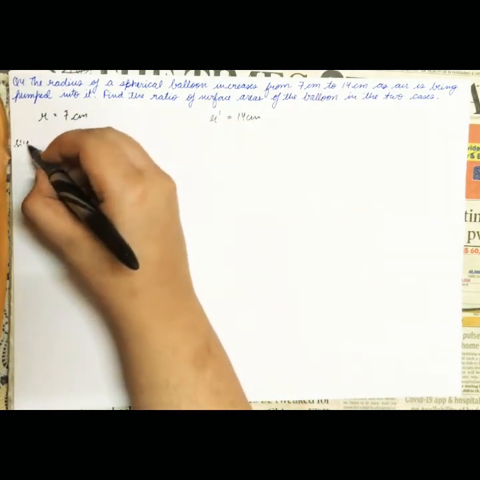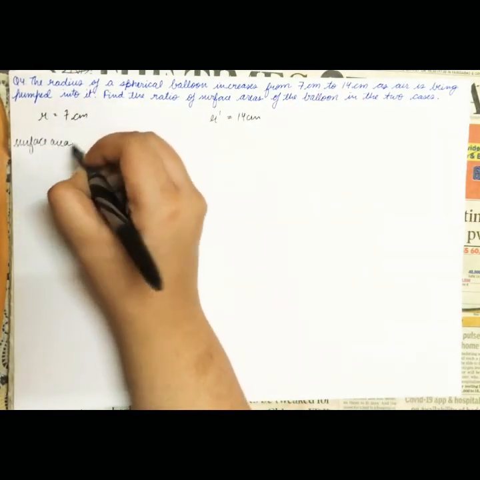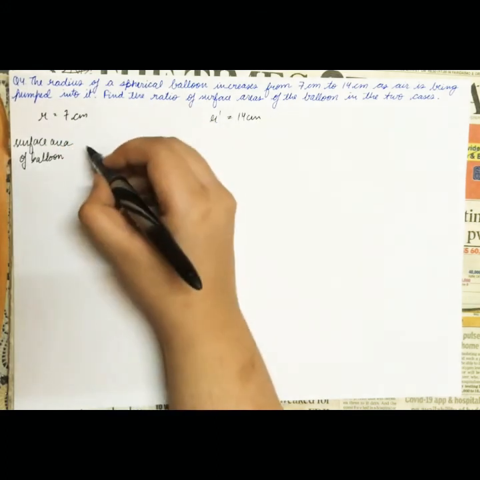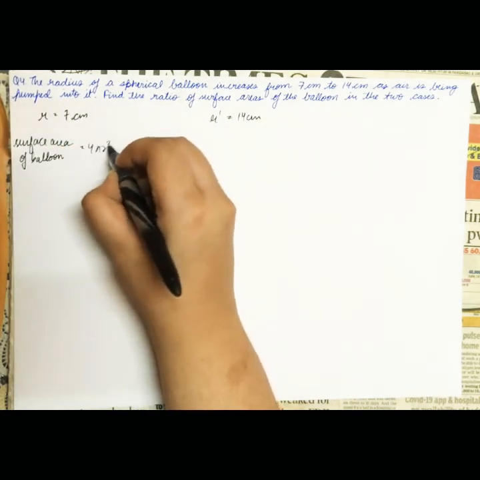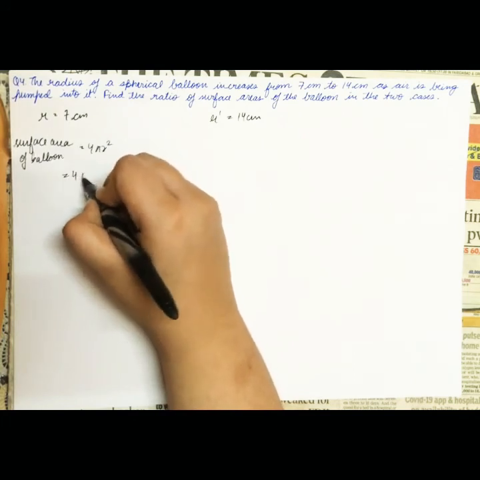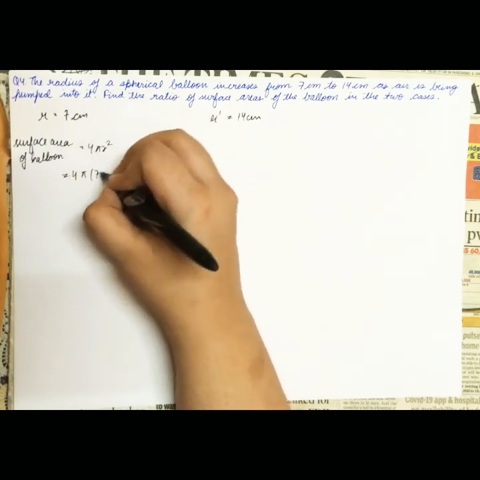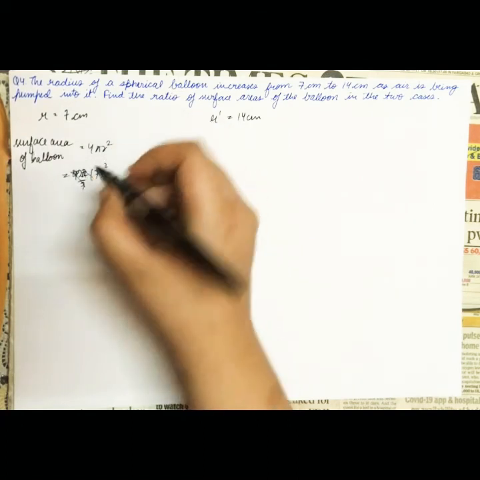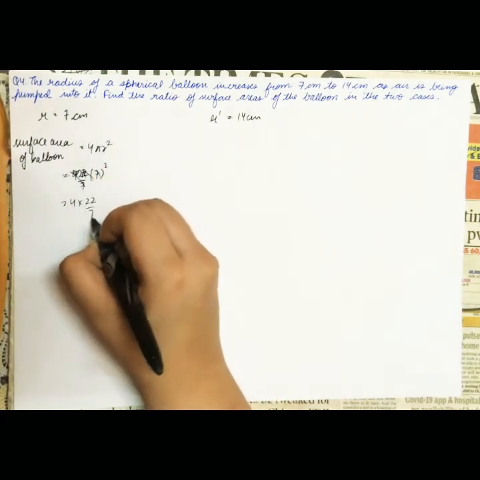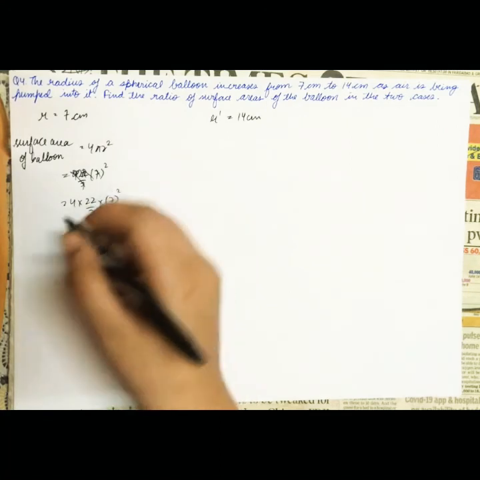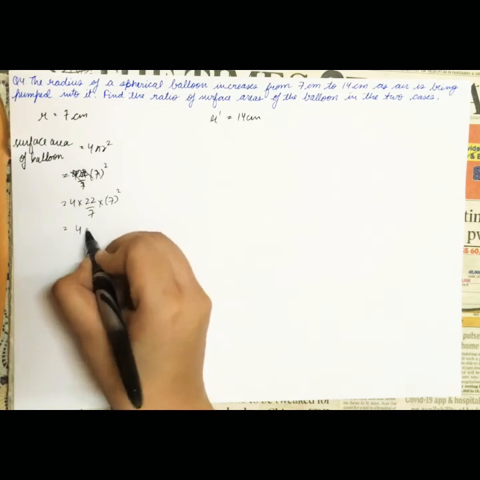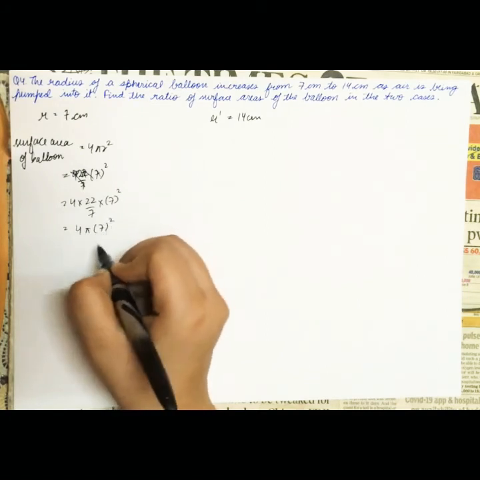Therefore, surface area of the balloon with radius 7 centimeter will be 4 pi r square. Therefore we'll put the value, that is 7 square. Therefore we'll write this as it is, that is 4 pi 7 square.